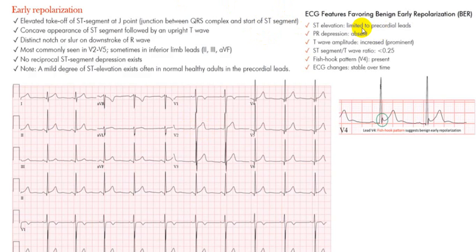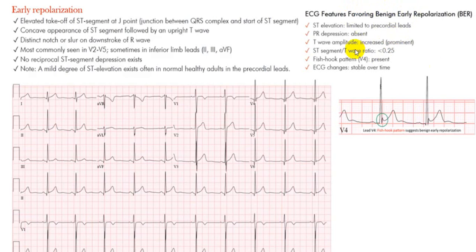So the same thing repeated here: ST elevation in precordial leads with PR depression is more common in what we call pericarditis rather than in benign early repolarization. T wave amplitude is prominent.